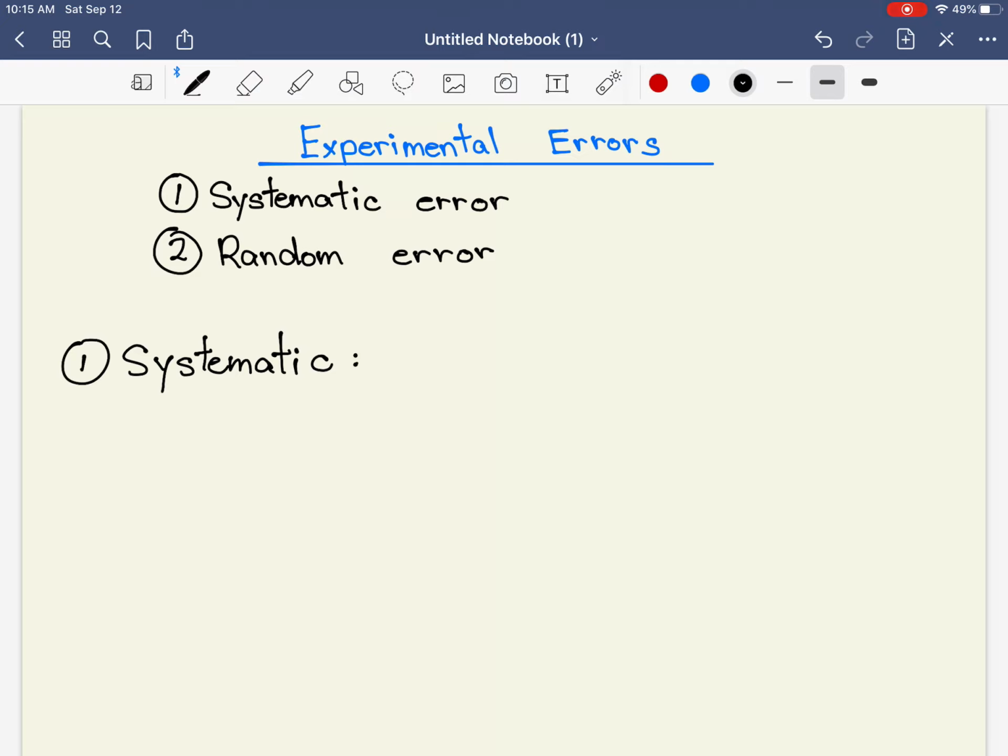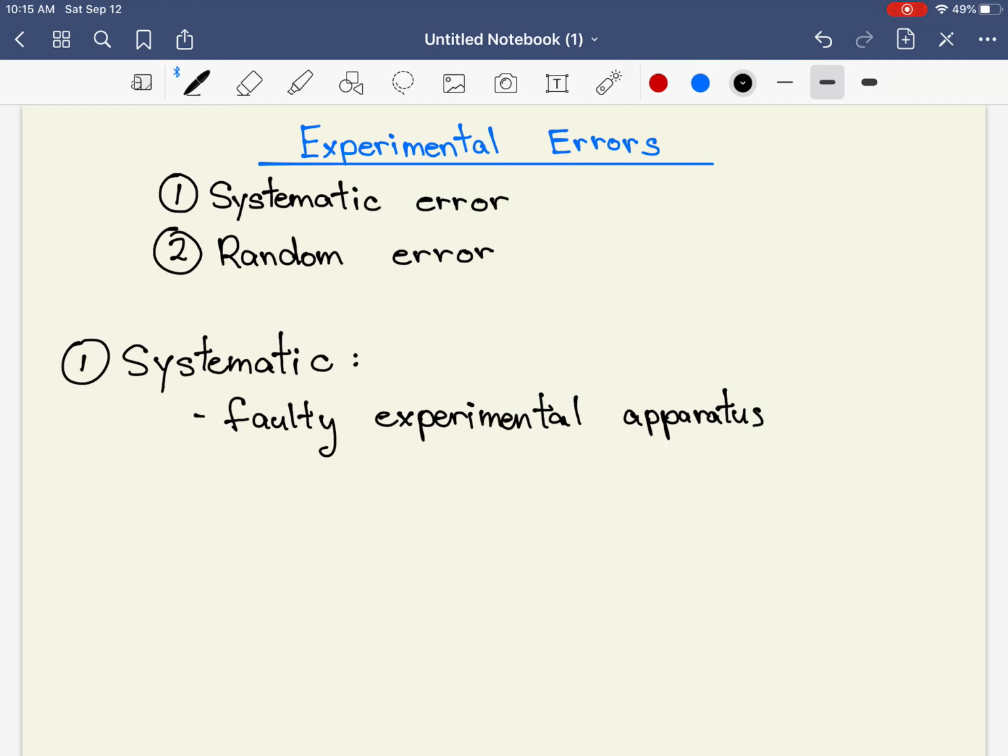Systematic error, most of the time, is some sort of faulty experimental apparatus. What does that mean? Well, a beaker. No, not really a beaker, because you don't really measure with a beaker; they're very off.